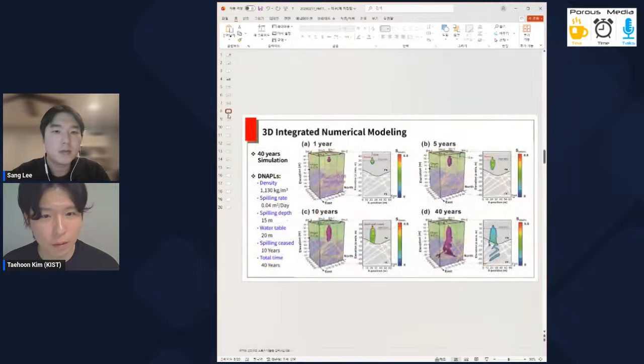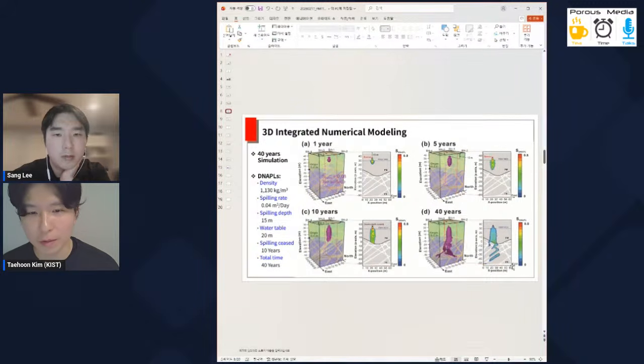Okay, as we consider the actual field data, maybe the model follows the realistic real world. But we have boundaries, and you can see that there is some accumulation at the bottom of the model, and this can cause some errors from our intuition. This is a limitation of our study.